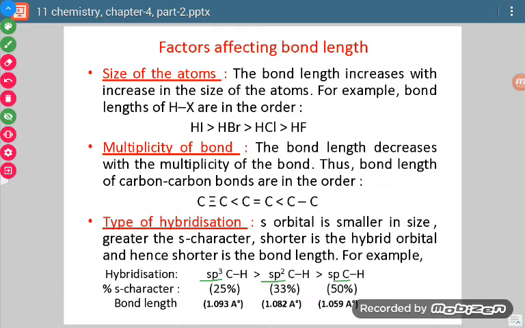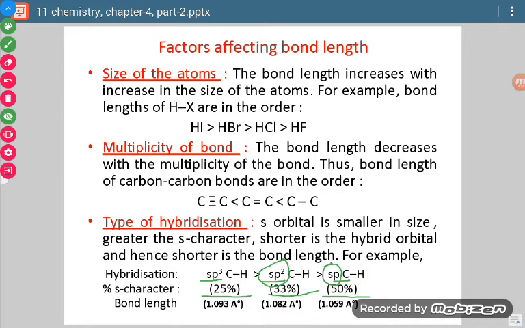For sp3, there is 1 s orbital and total orbitals are 4, so 1 divided by 4 into 100, the percentage comes out to be 25%. For sp2, total orbitals are 3, so 1 by 3 multiplied by 100 means 33.3%. For sp there are total 2 orbitals, so 1 by 2 is equal to 50%.